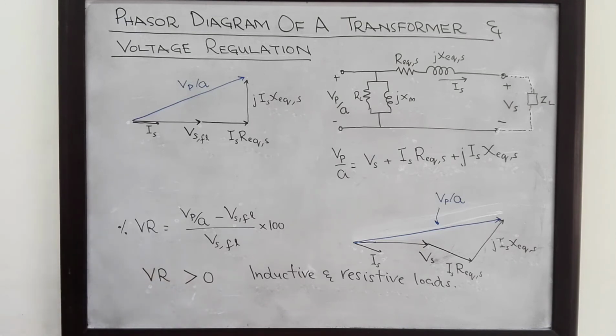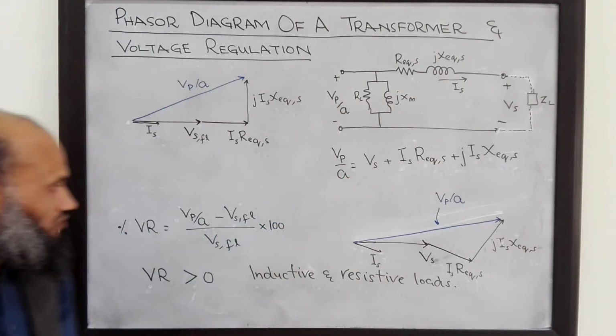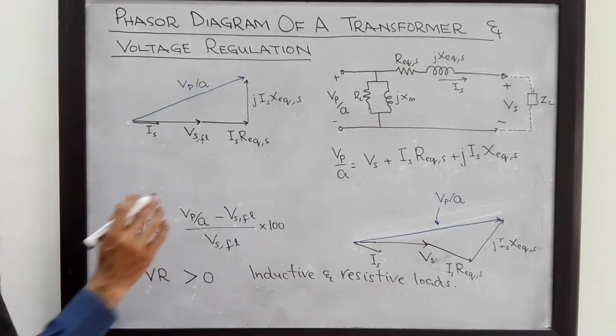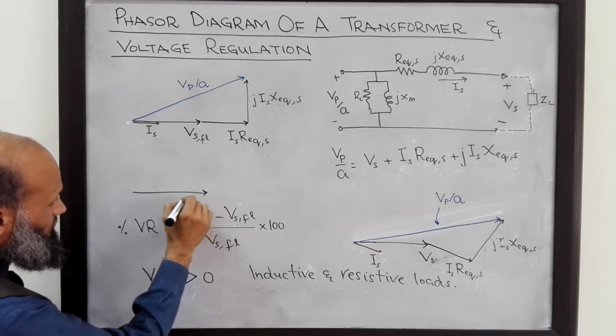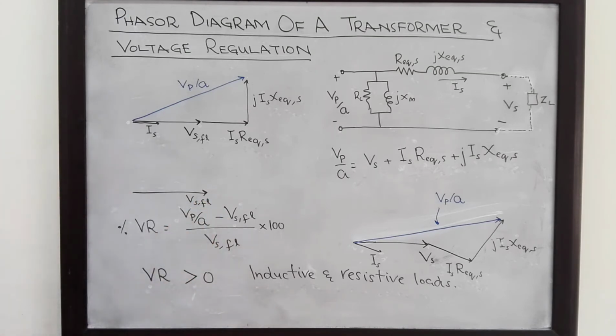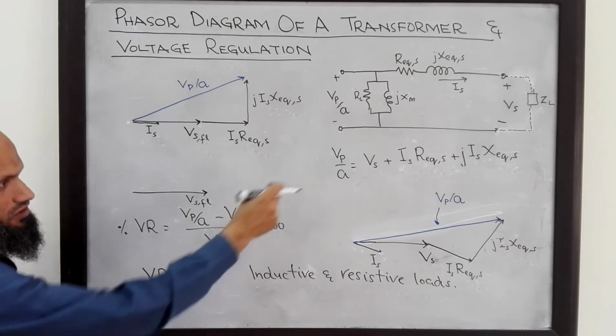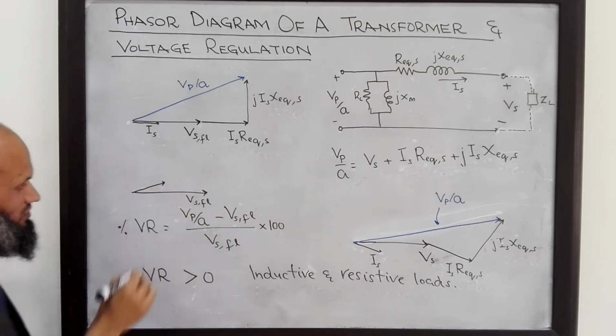Now you can easily draw the situation for a capacitive load. So for a capacitive load, again we can sketch all these quantities. Here is the phasor for Vs at full load, and then for a capacitive load, current will lead the voltage.